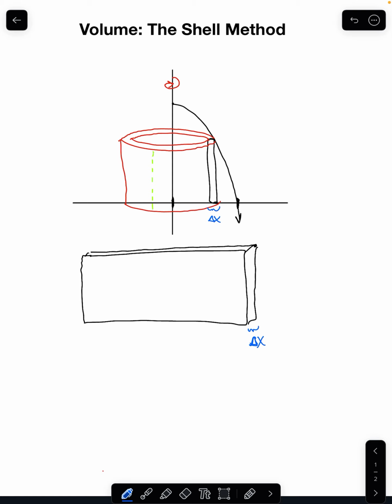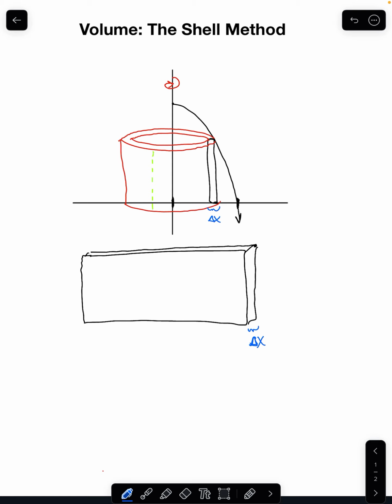Now, technically speaking, the outer radius of the shell and the inner radius of the shell are actually slightly different. So with a slight bit of suspension of disbelief here, as these partitions get smaller and smaller, as the cylindrical shells get thinner and thinner, the difference between the outer radius and the inner radius gets closer and closer until eventually the outer radius and the inner radius will essentially be the same thing.